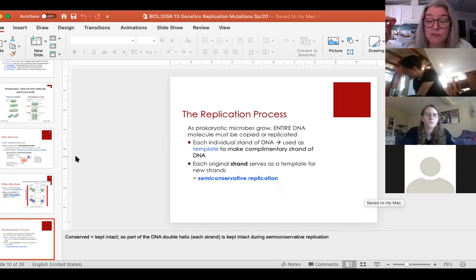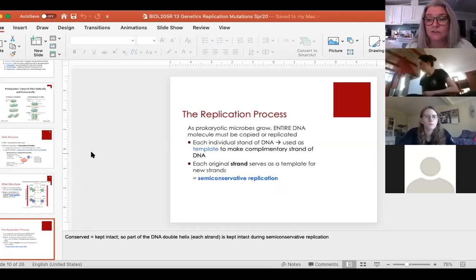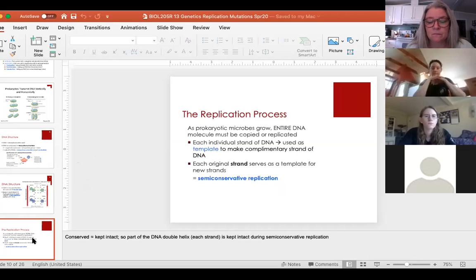Each of the individual strands of DNA is used to build new DNA onto. That's what we call semi-conservative replication. We use each individual strand as a template. We don't use the whole double helix as a template. We take the strands apart in order to copy them.